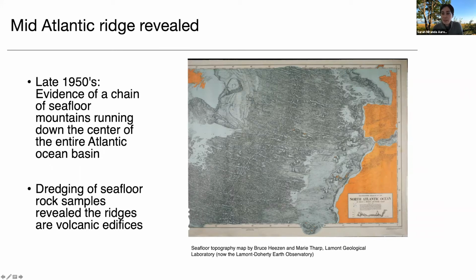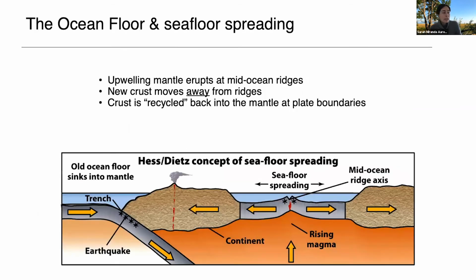So there's this volcanic chain that's running down the center of the Atlantic Ocean. So this was really the final thing that helped to push the theory of plate tectonics forward. And so it led to this kind of concept or a current understanding of how plate tectonics operates in the modern.